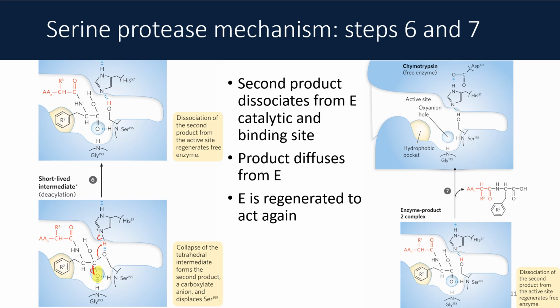We could pick bond number 1, which is between two carbons. We could pick bond number 2, which is between the carbon and the OH, which we just installed via water. Or we could pick bond number 3, which is the carbon-oxygen bond between the substrate and the serine.